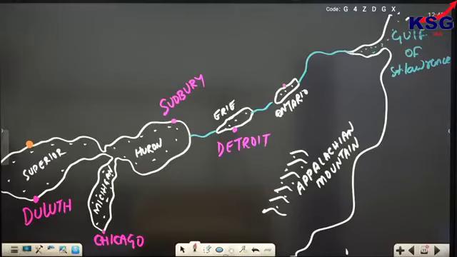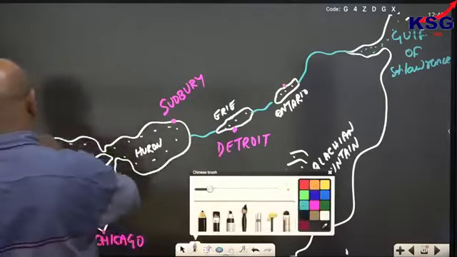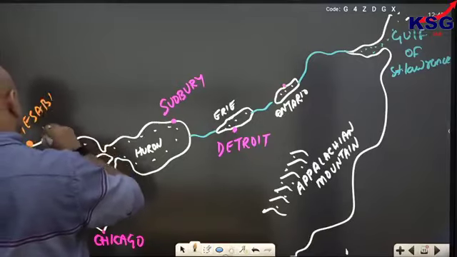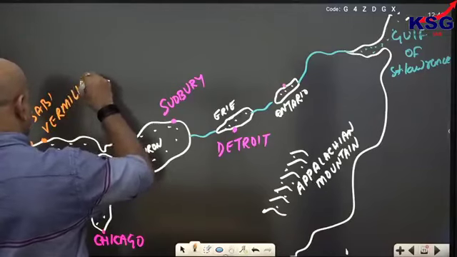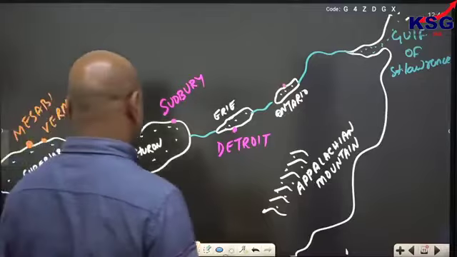In these regions we have a lot of mineral rich regions also. This region is Mesabi here, Mesabi, Vermilion. Sudbury is in Canada.